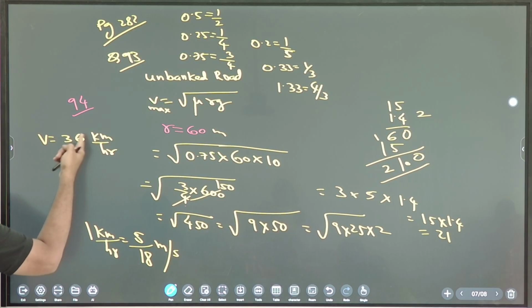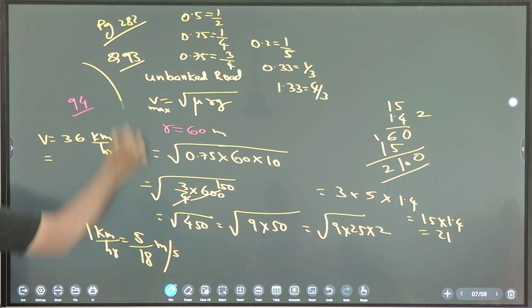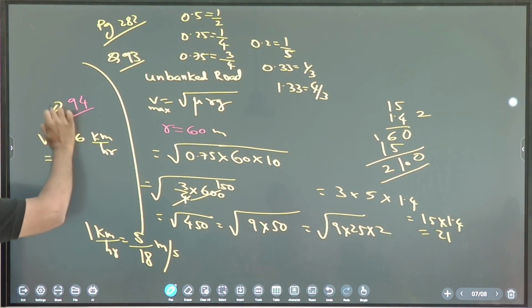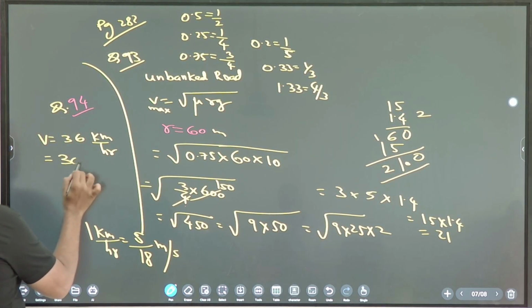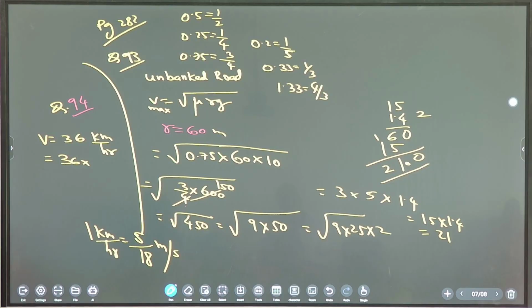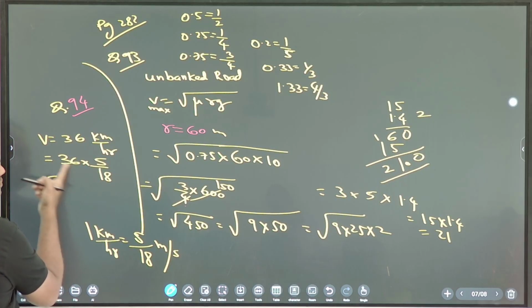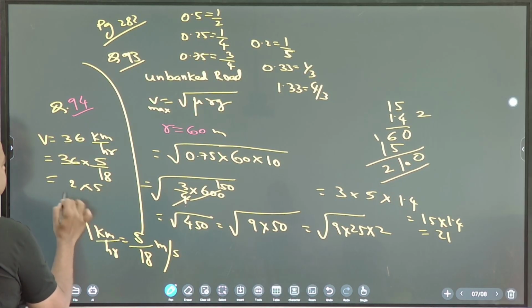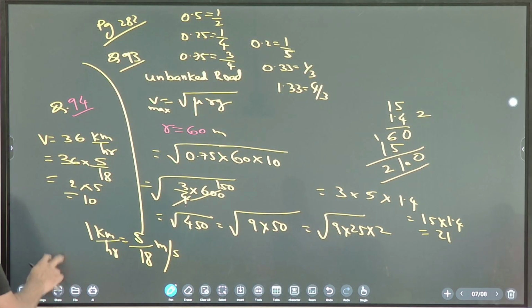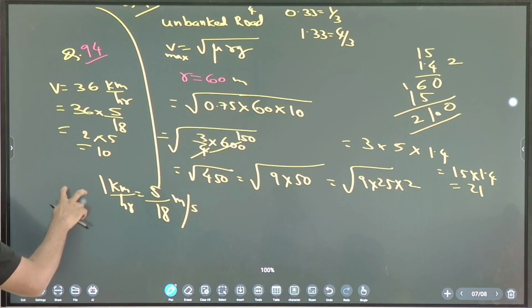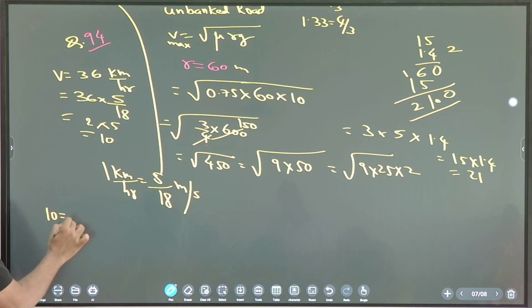So 36 kilometer per hour means 36 into 5 by 18. How much? 10. So V is 10. So 10 is equal to square root of mu rg.